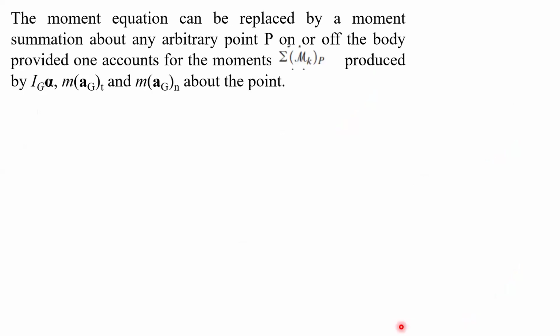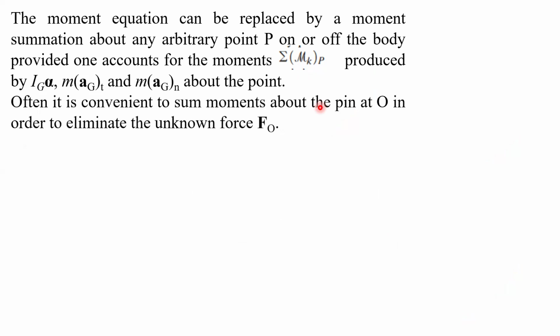The moment equation can be replaced by a moment summation about any arbitrary point P on or off the body, provided one accounts for the summation of all the kinetic moments about point P, produced by Ig alpha, m aGt, and the normal force about the point.